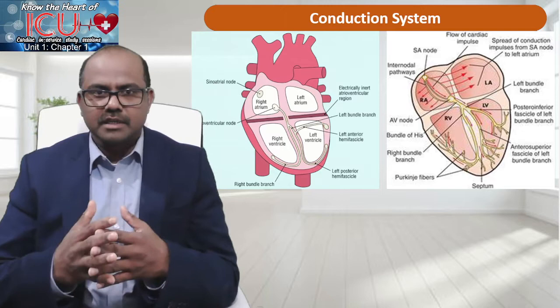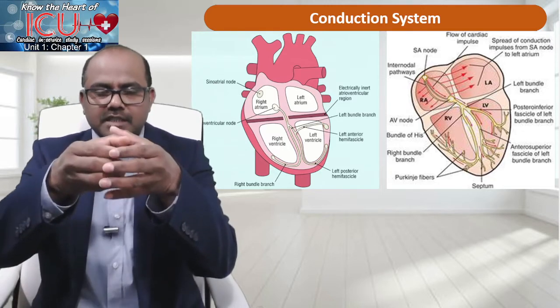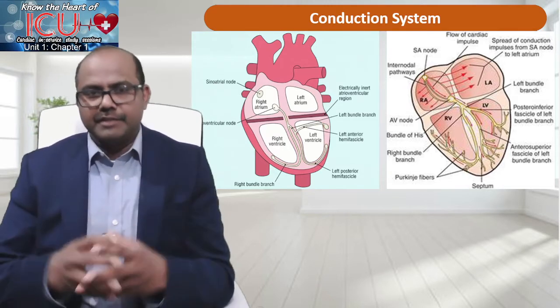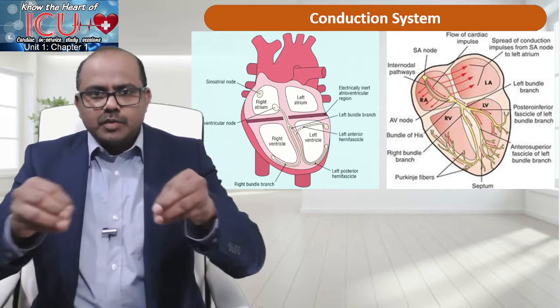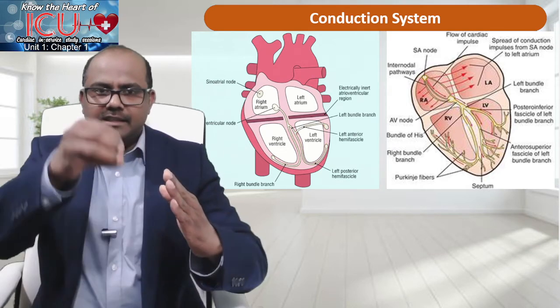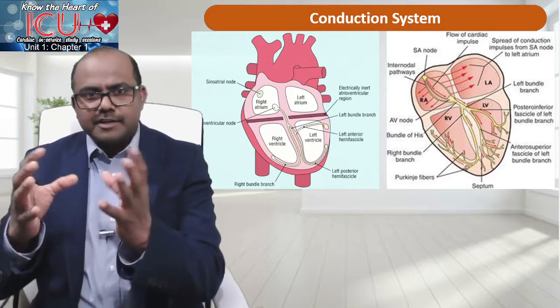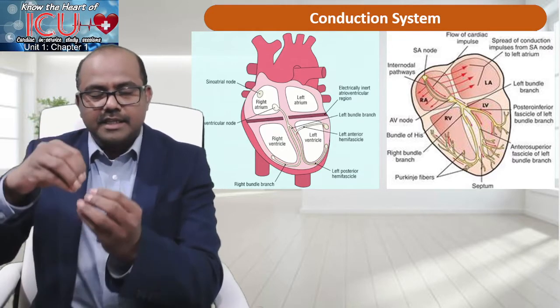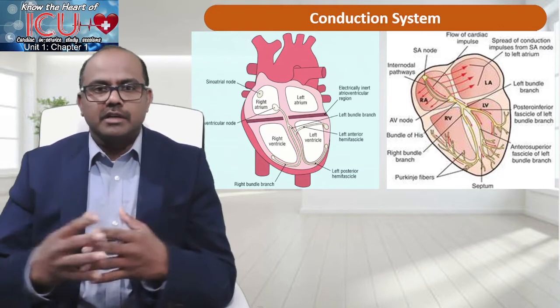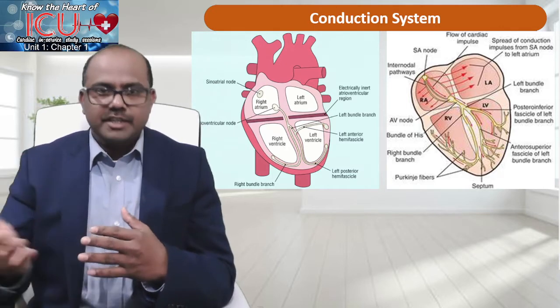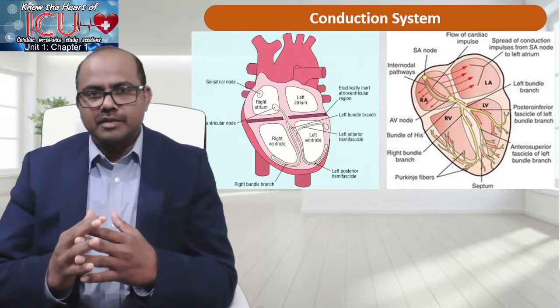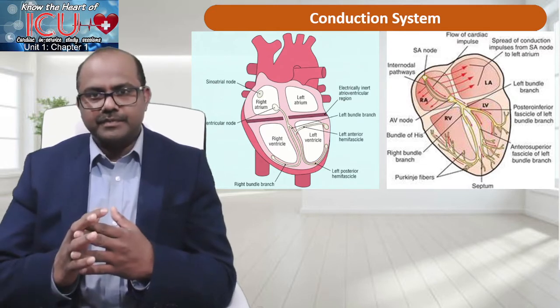It's a common bundle, the one big bundle that comes out from the AV node, and that's split into two: right bundle and the left bundle. And the left bundle again splits into two because the left ventricle is bigger, so it has two branches. One is called your left anterior fascicle, and the second one is your left posterior fascicle.